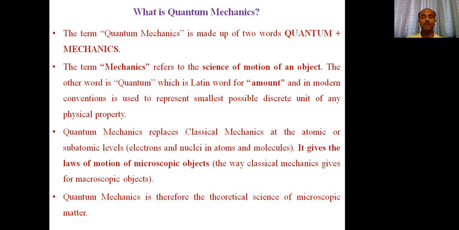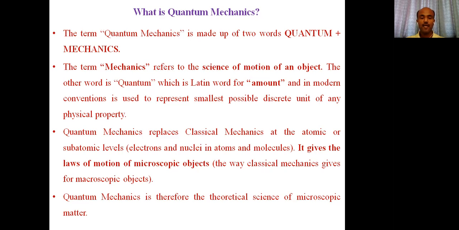The term quantum mechanics is made up of two terms, that is quantum and mechanics. We know that mechanics is referred to as the science of motion of an object, while quantum is a Latin word which means an amount. And in modern convention, it is used to represent the smallest possible discrete unit of a physical property.